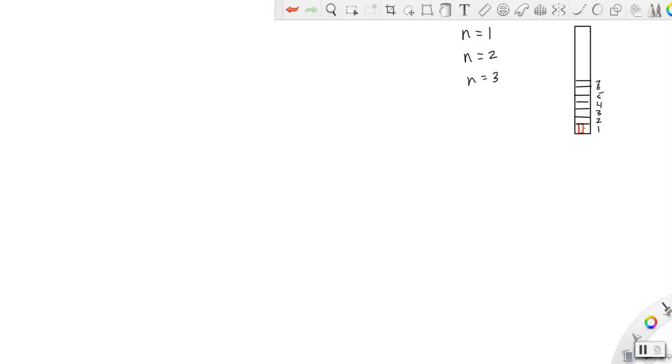So it has one shelf where you can put things on floor 1. On floor 2 there are 2 shelves. On floor 3 there are 3 shelves. I gave you some numbers with how many electrons are allowed to be in each of these floors, and this is actually the reasoning why.